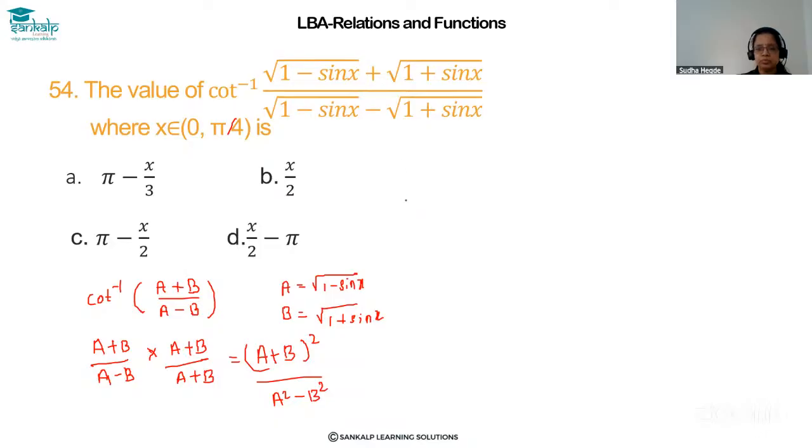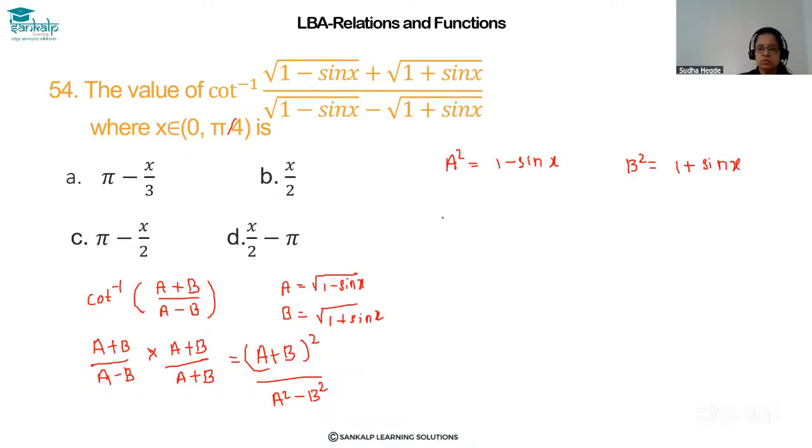Okay, got it? So now what is A square? A square is 1 minus sin x, because A is root 1 minus sin x. B square is 1 plus sin x, correct? Because B is root 1 plus sin x.